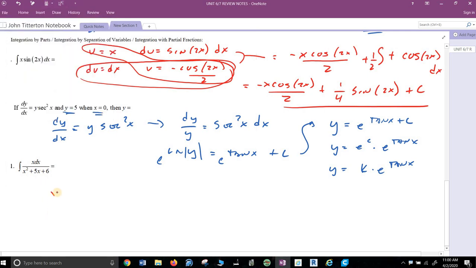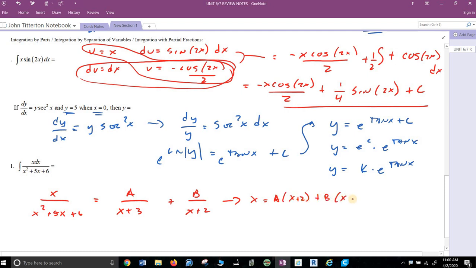So here we go. I'm not doing any calculus, I'm doing algebra. A over x plus 3 plus b over x plus 2, multiply through by x squared plus 5x plus 6, and I get x equals a times x plus 2 plus b times x plus 3. I just realized I'm going to run out of room.